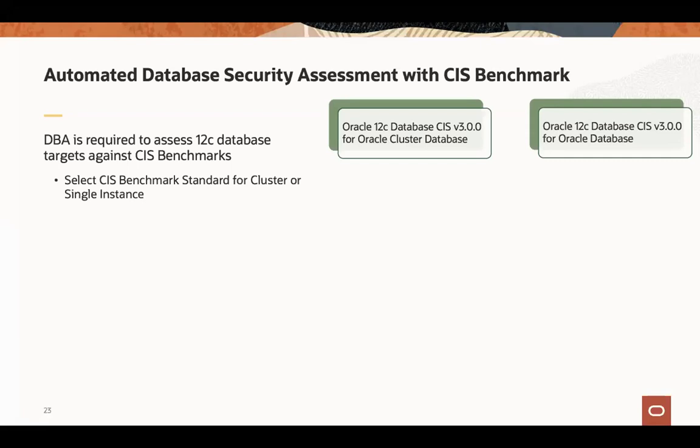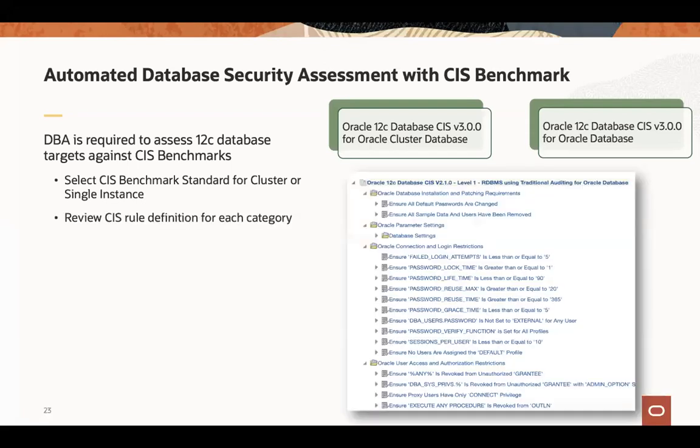The very first step is to choose the standard that you want the targets to be associated with. Then you review the rules for each category that is provided in the product out of the box.